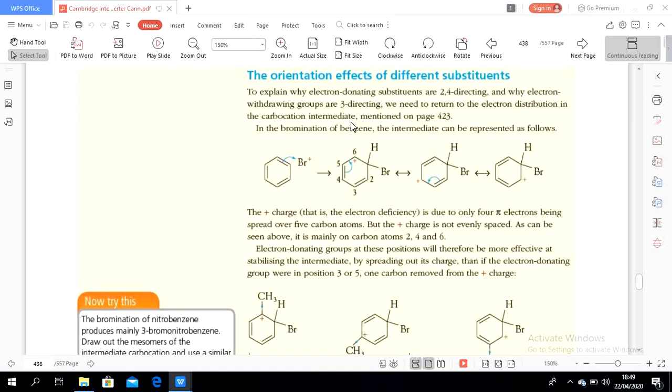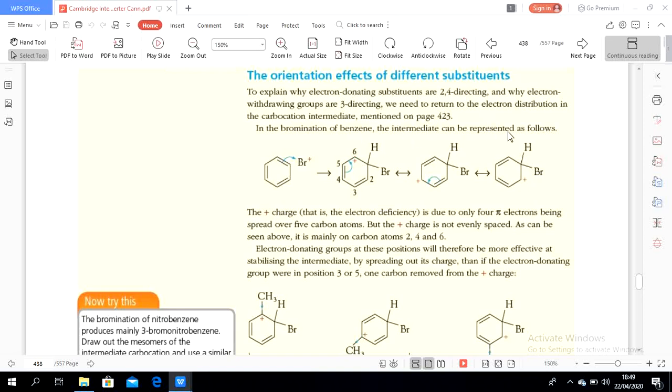previous pages about benzene. Okay, in bromination of benzene, this is only bromine, only one type of functional group substituting hydrogen in benzene.